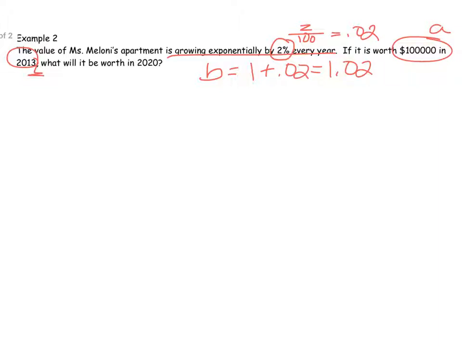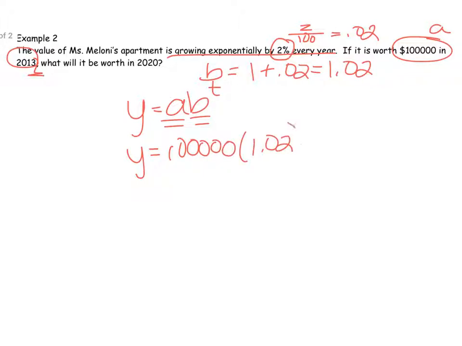So again, I'm going to write my generic equation. I know that my A value is 100,000 and my B value is 1.02. So my function is y equals 100,000 times 1.02 to the t power. In this case, t is 2020, which is 7 years after she originally figured out the value.